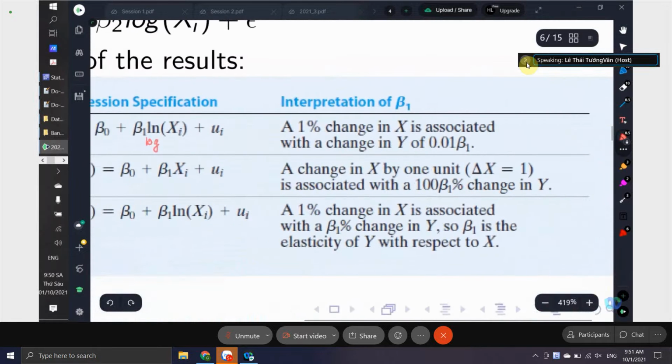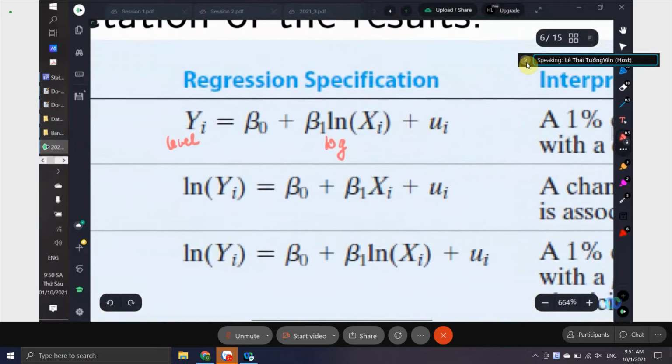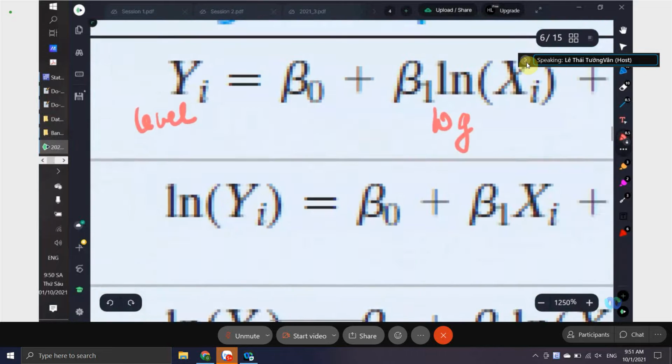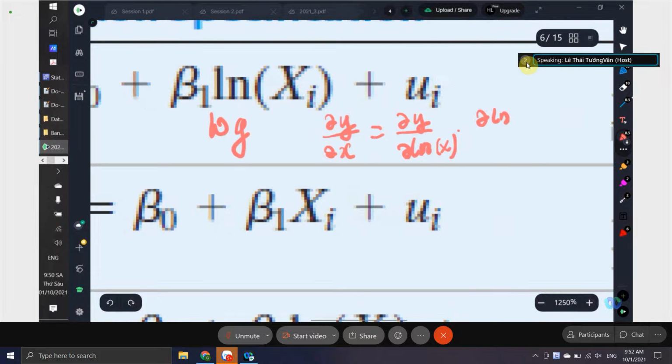If you want to know the change in Y given a change in X, our natural step will be to take partial Y over partial X, so it will be equal to partial Y over partial ln X times partial ln X over partial X. Remember that?